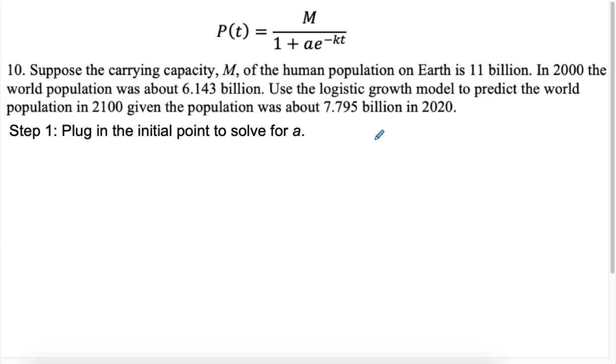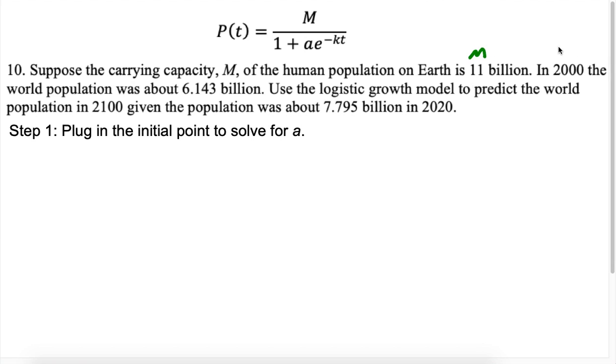So there are a few things that we have to do to set up this equation. First, we know that 11 is my m, right? This is my m value. So I'm going to go ahead and plug that in for m. Now, the other pieces of information that we're given here are basically 2 points on the graph. It says in 2000, the world population was 6.143 billion.